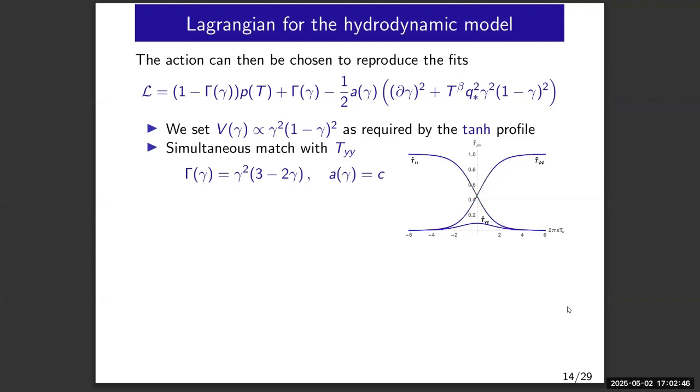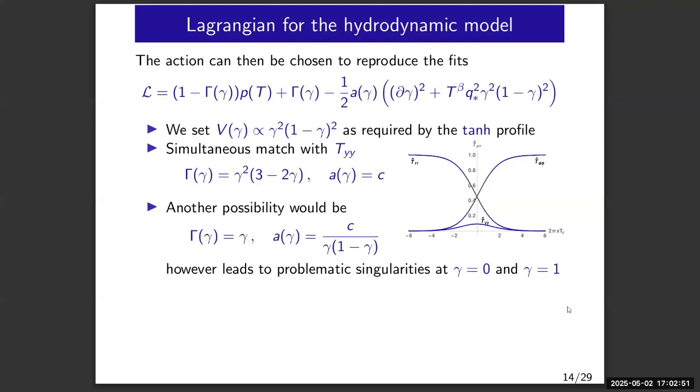And this is one possibility. And there is another possibility. Actually, if you require that these two fields are the same, then it turns out that you can get a good fit if you choose this A function to be of this form. But this turns out to lead to a problematic singularity at gamma equals 0 and gamma equals 1.